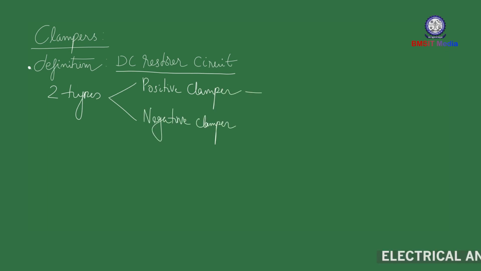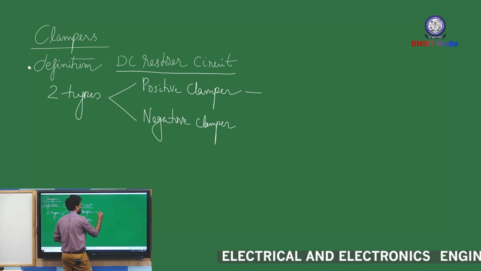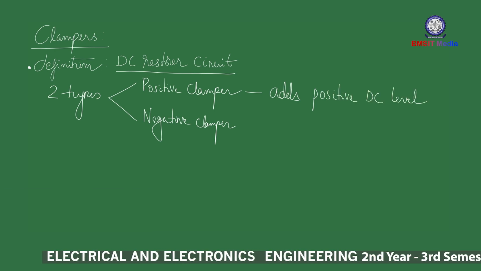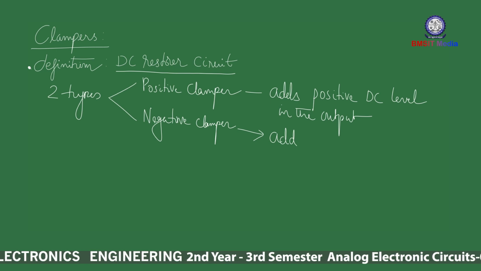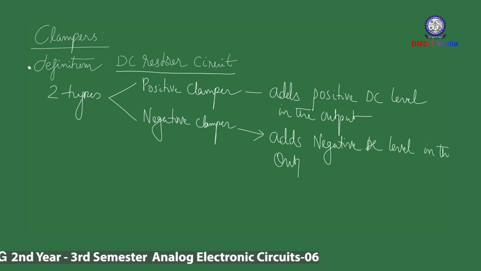A positive clamper, or positive DC restorer circuit, adds a positive DC level in the output. On the other hand, a negative clamper would add a negative DC level in the output.